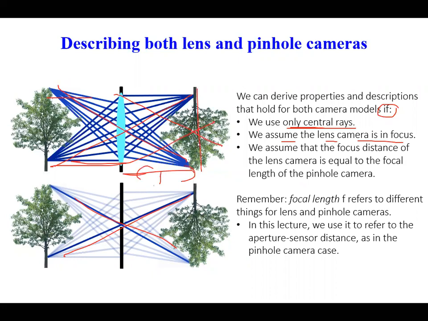So both of them have approximately the same focal point, and my camera will be in focus. Again, the focal length f will refer to different things for lens and for pinhole cameras, as we already explained.